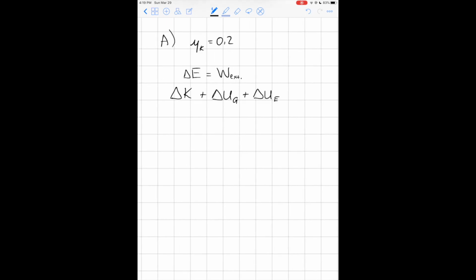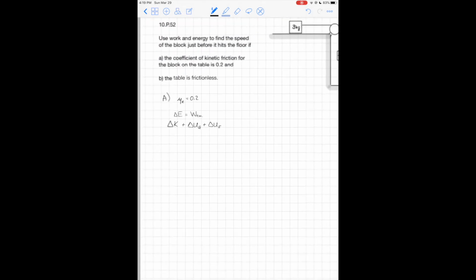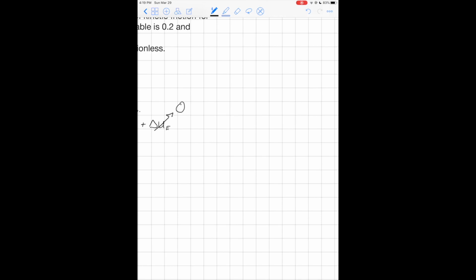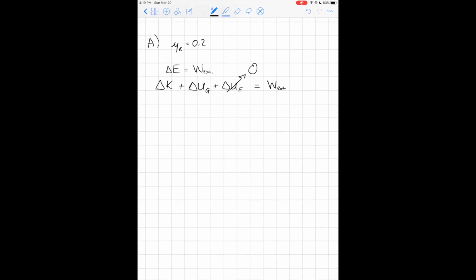Now I will say that there are no obvious springs in this problem, so we can just go ahead and say that there's no change. There's really no potential energy that's stored elastically. All of this is equal to the external work done in our system, or the work done by friction, right?